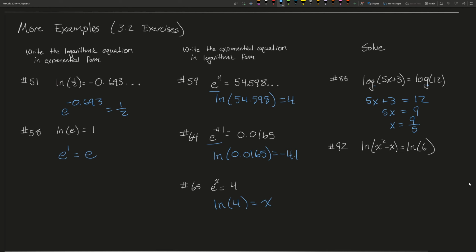Number 92, the natural log of x squared minus x is equal to the natural log of 6. Again, because we have the same base log on both sides, we can ignore them and just set x squared minus x equal to 6. And when we solve that, we can get 6 over to the left.